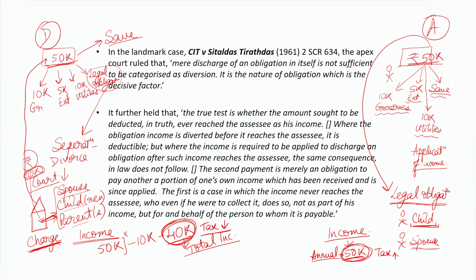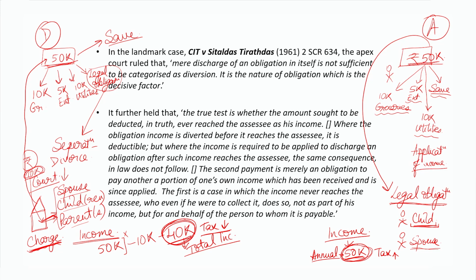The second payment is merely an obligation to pay another a portion of one's own income which has been received and is since applied. The first is a case in which the income never reaches the assessee, who, even if he were to collect it, does so not as a part of his income, but for and on behalf of the person to whom it is payable, right?